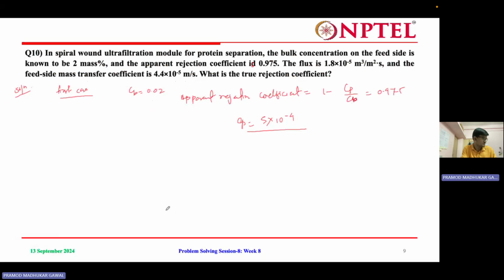Here is the second case. So now Jw into Cp minus Cp equal to kL by Cm minus Cb.